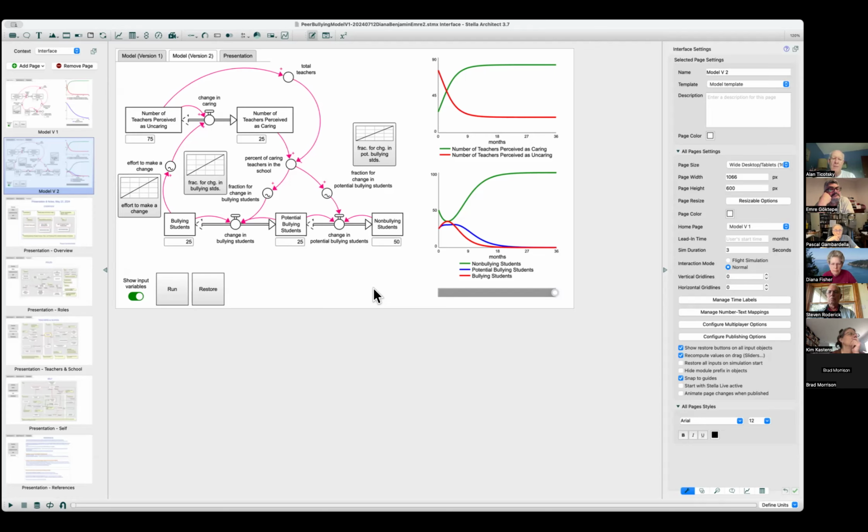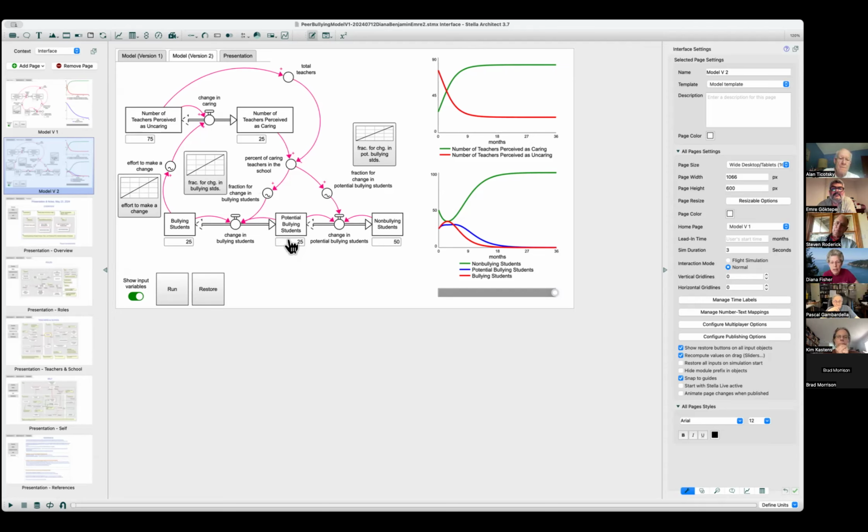I think a lot of schools are trying to be proactive in changing the culture in that way. I'm not sure where that might go in the model, but I've been thinking about that as I've been looking at your good start here.